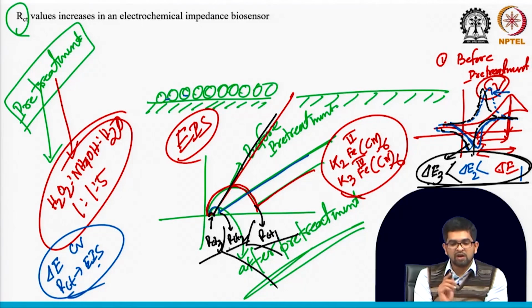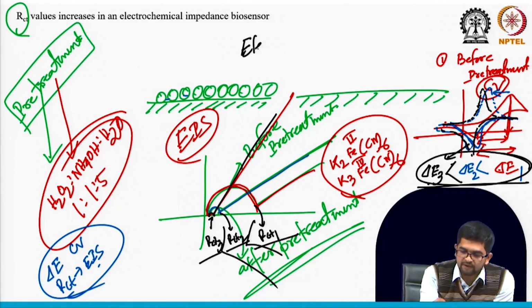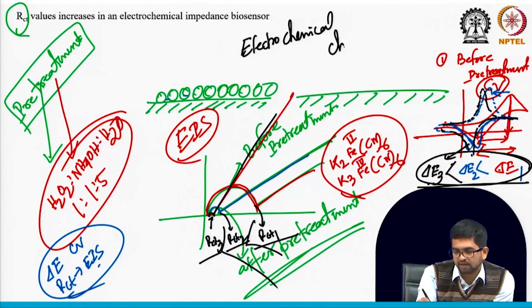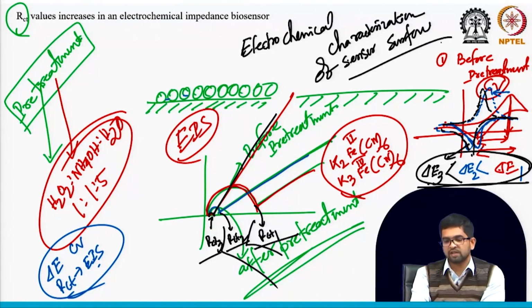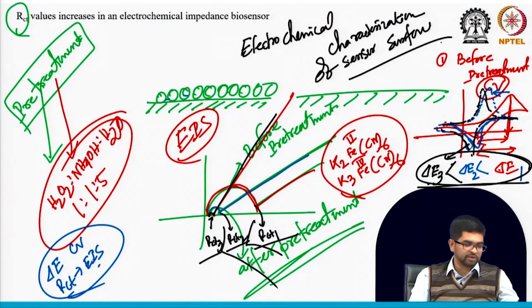This way, you have to characterize the sensor surface very properly, and this is a very good electrochemical characterization of your sensor surface. You should follow this, and then you will have the whole idea about your surface.